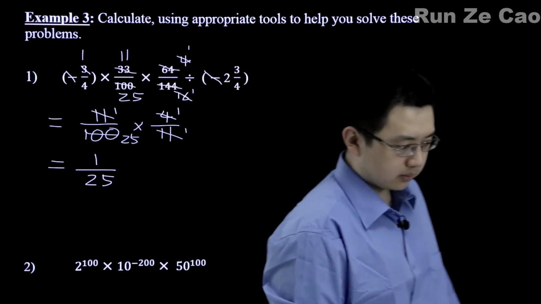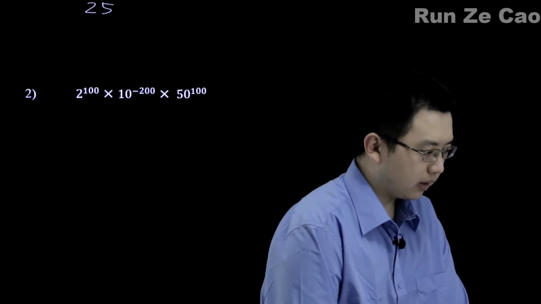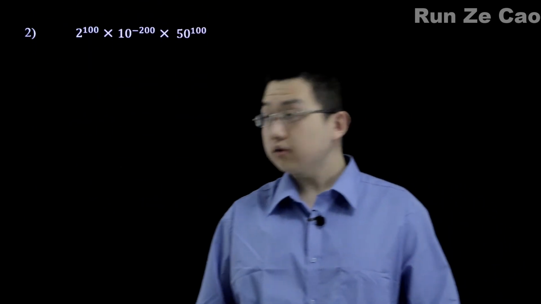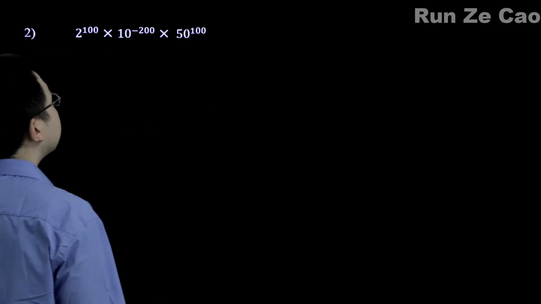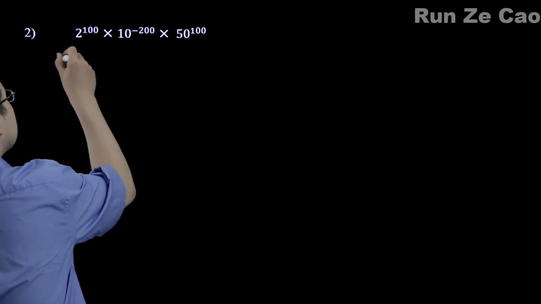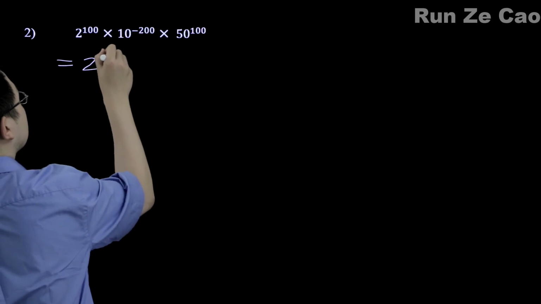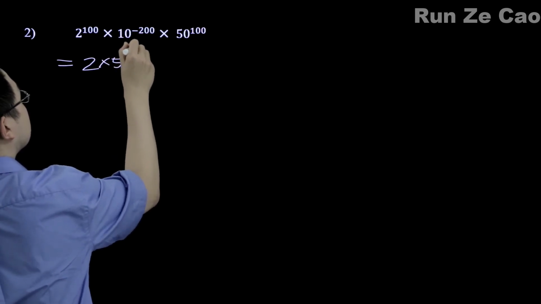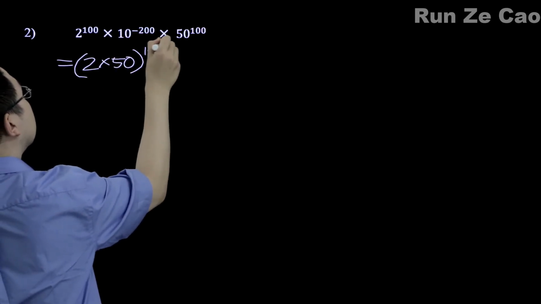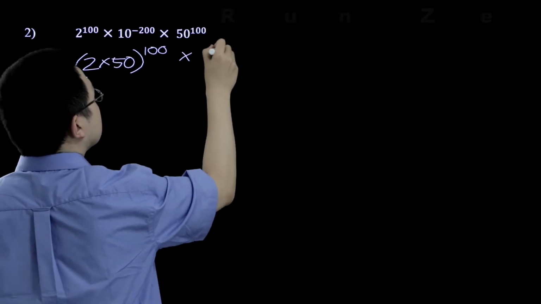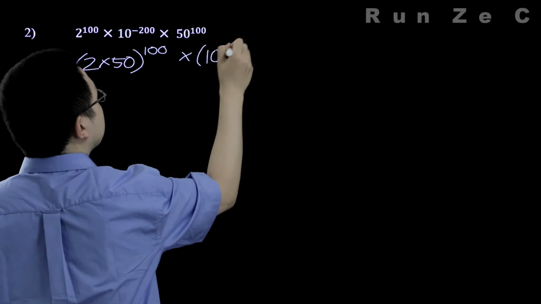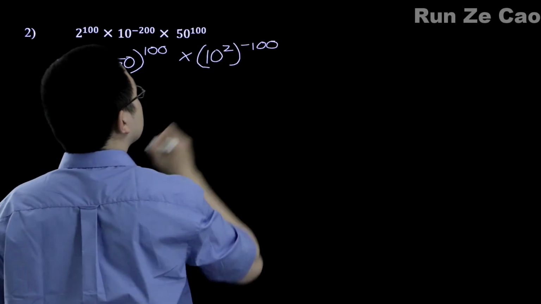And what about this next question? So here we have 2 to the 100th times 10 to the negative 200th and times 50 to the 100th power. Now, this is equal to 2 times 50 to the 100th power times 10 to the 2 to the negative 100th power.